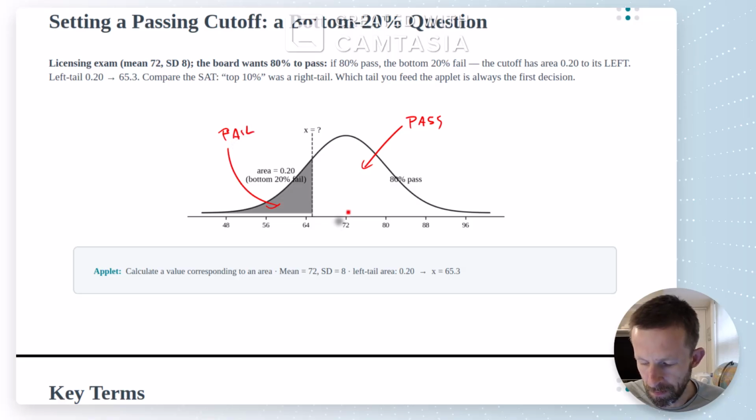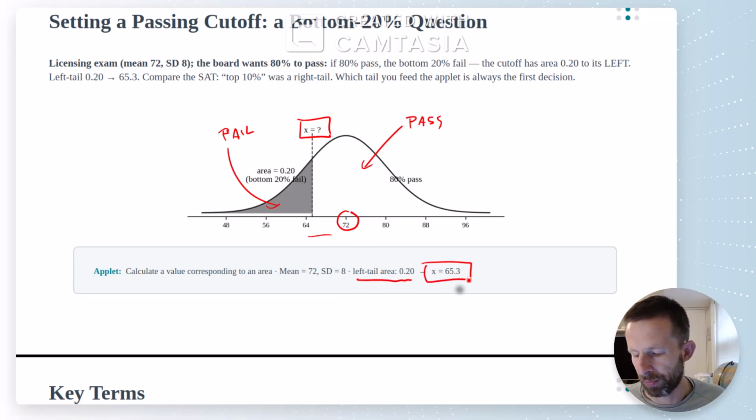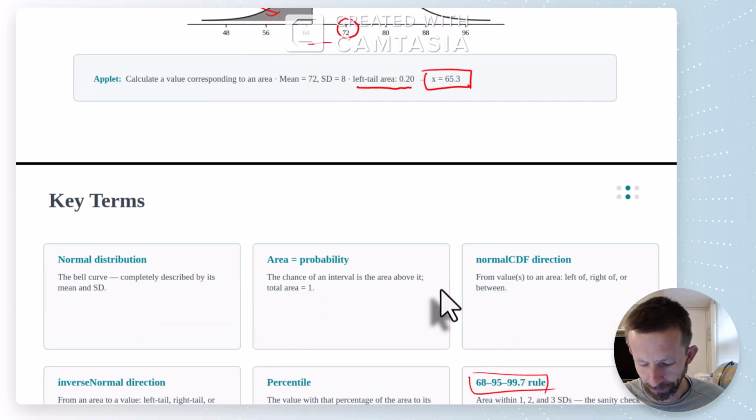What would be the cutoff? We would make the left tail area 0.2, and you would get a score of 65.3. So anyone scoring 65 or less would fail. Anyone scoring 66 or higher would pass.